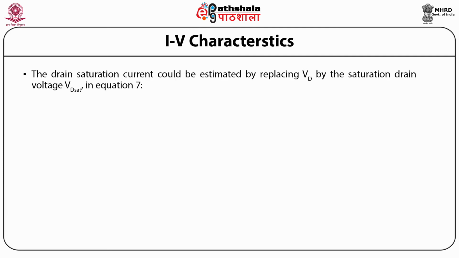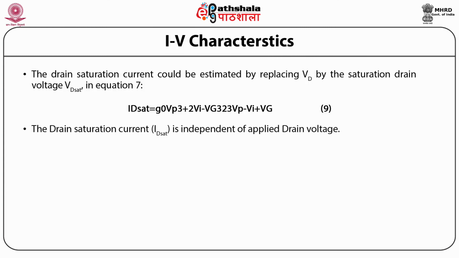And the drain saturation current could be estimated by replacing Vd by the saturation drain voltage in equation 7. We get ID saturation equal to G naught multiplied by Vp by 3 plus 2 multiplied by Vi minus Vg to the power 3 by 2 divided by 3 root of Vp minus Vi plus Vg.